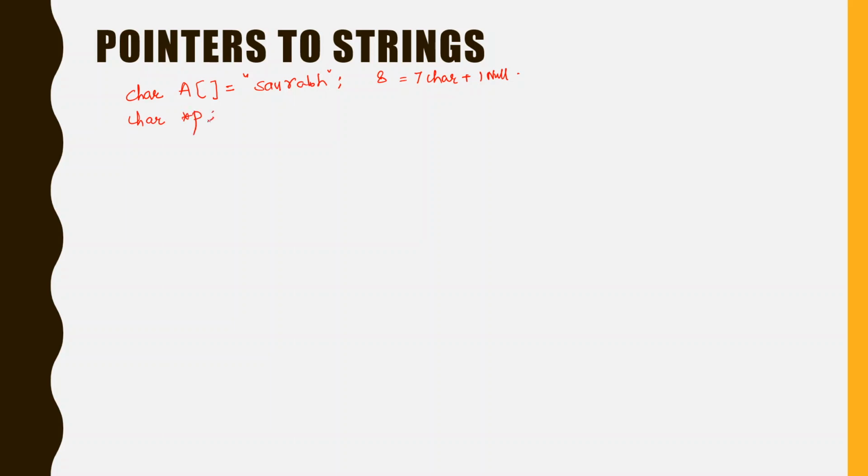As we know, assigning the address of an array to a pointer does not require the ampersand, the address-of operator, because the name of the array is itself the base address. In this way we can assign the base address of the array to the pointer, so this string is now denoted by this particular pointer.